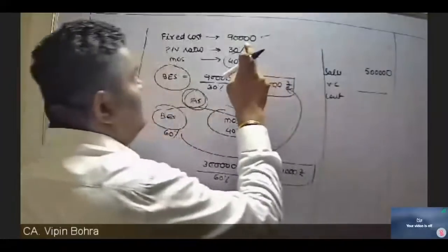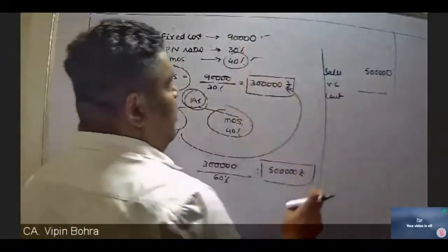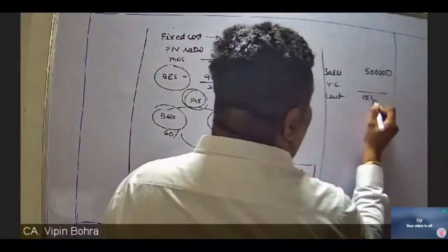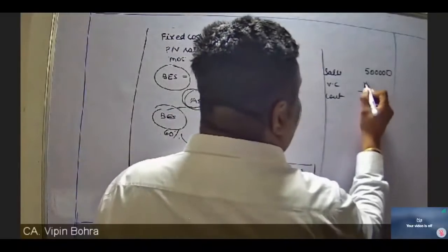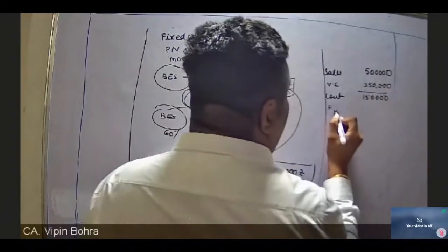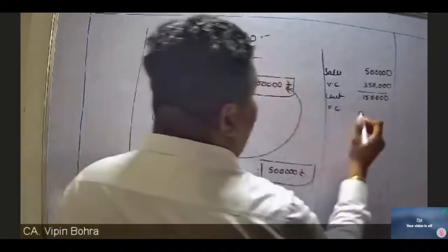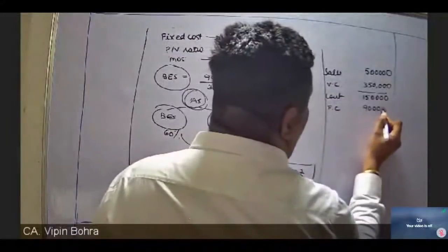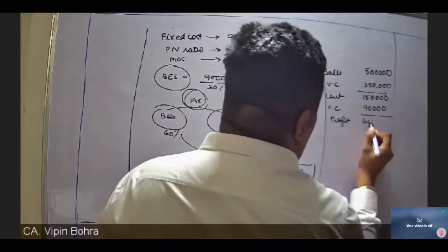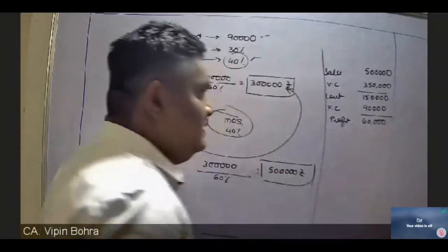And contribution is 30%. It means contribution is 30% of sales. That is 1,50,000. Balance will be the variable cost. Fixed cost already I have 90,000. So my profit will be 60,000.